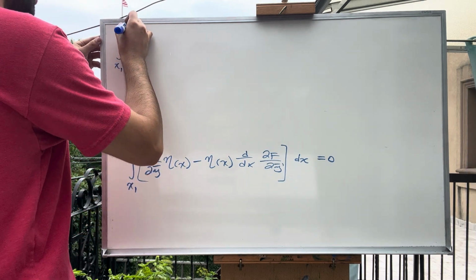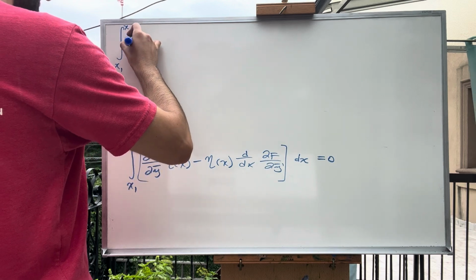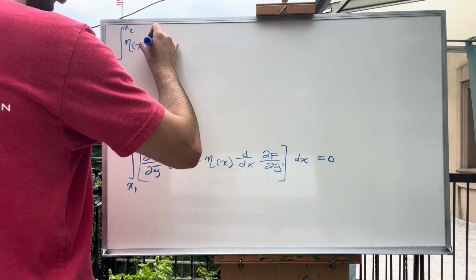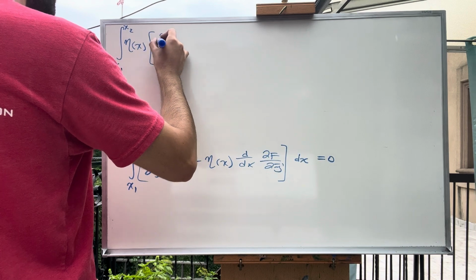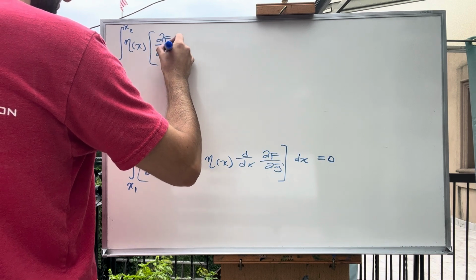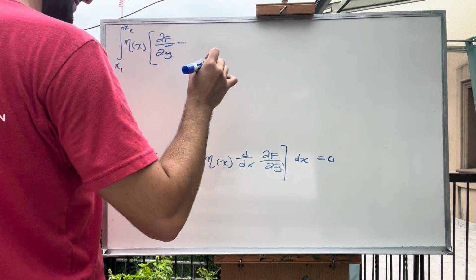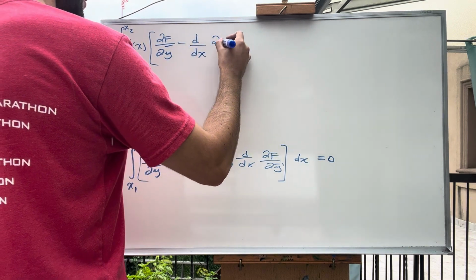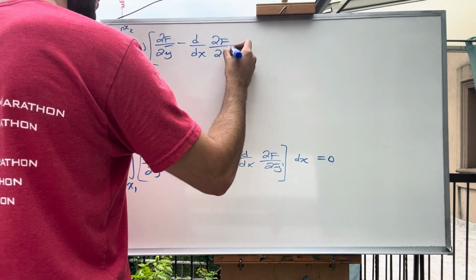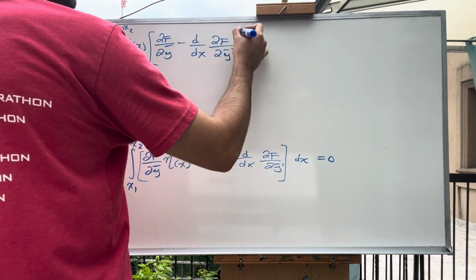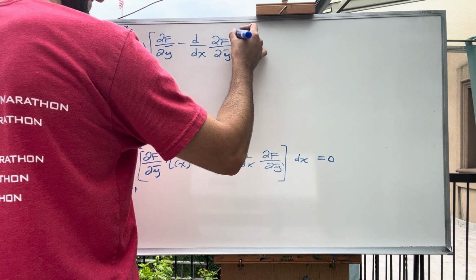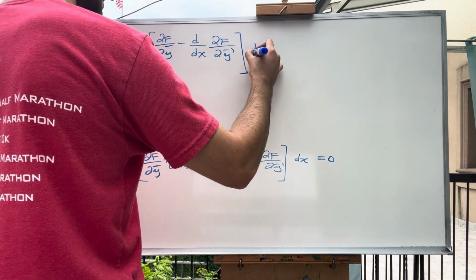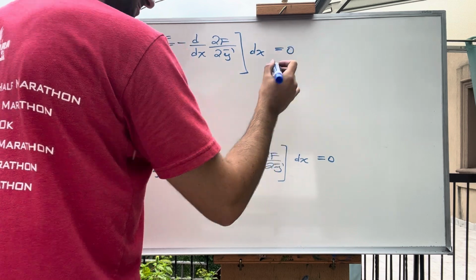So the integral from x1 to x2 of eta of x times partial f partial y bar minus d dx partial f partial y bar prime dx equals 0.